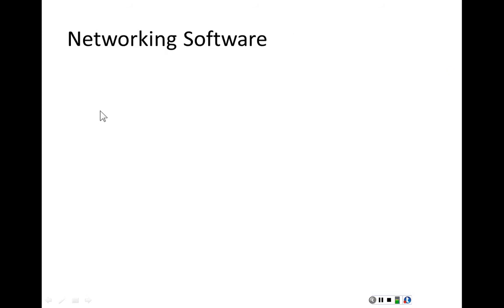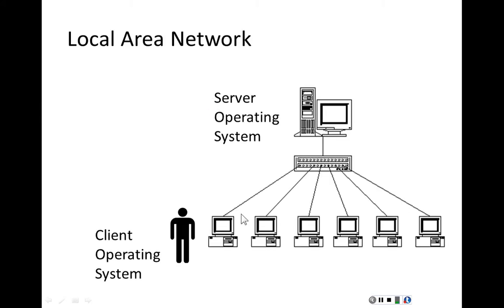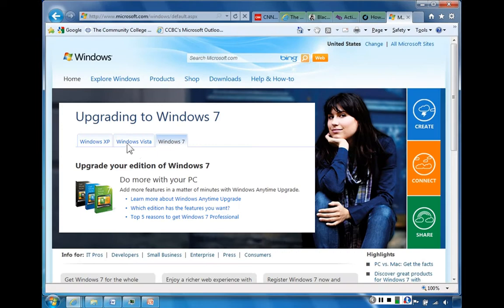Now let's look at networking software, operating system software and communications software. In a local area network, you've got workstations, which are called clients, and servers. And the client would have an operating system, and for example, that would be Windows XP or Windows Vista or Windows 7 or Windows 8 or Windows 10.